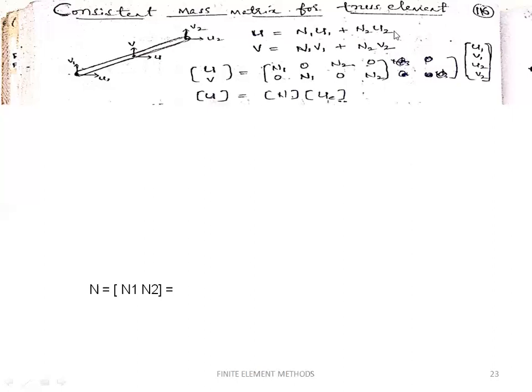And you can write these two linear equations in matrix form. It is possible to write that u v is equal to [n1 0 n2 0; 0 n1 0 n2] into the column matrix u1 v1 u2 v2. So this is called the displacement matrix, and this is called the shape function matrix.